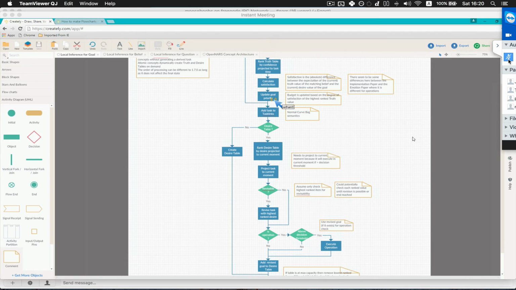The purpose of updating the goal priority is to let the system switch its attention to other things from now on. So if it's highly satisfied and it came to this point, it will still execute it, but probably not again. It depends on how much priority and attention the system gives it. Does this make sense?